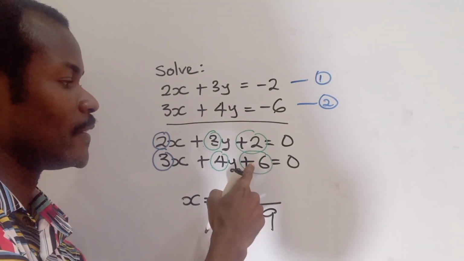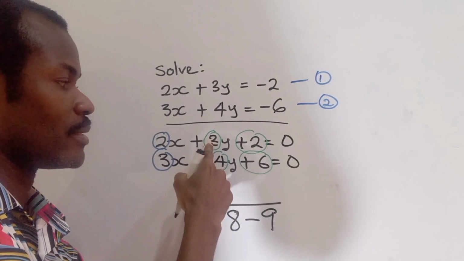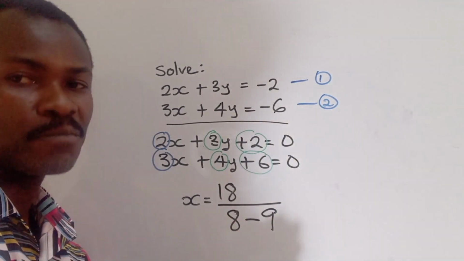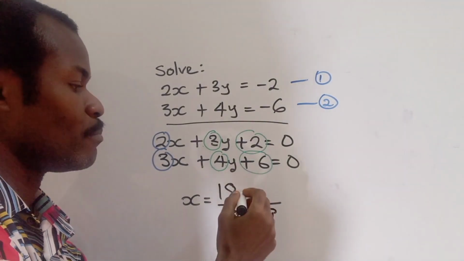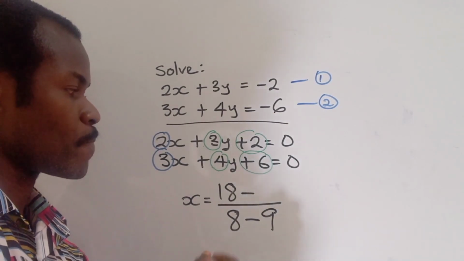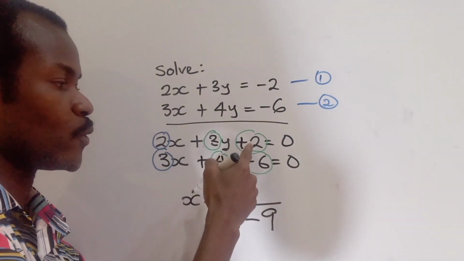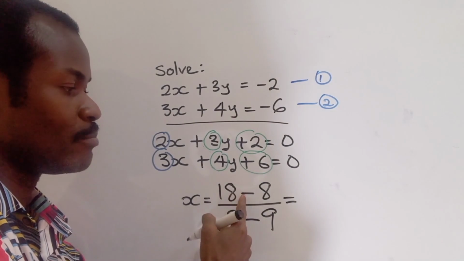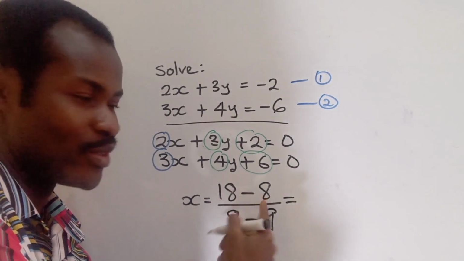So we are going to simply see, okay, plus 6 times plus 3, which is 18, right? So minus, whenever you are doing determinants, you want to put a minus. Now plus 4 times plus 2 is going to give us 8. So 18 minus 8 is going to give us 10.